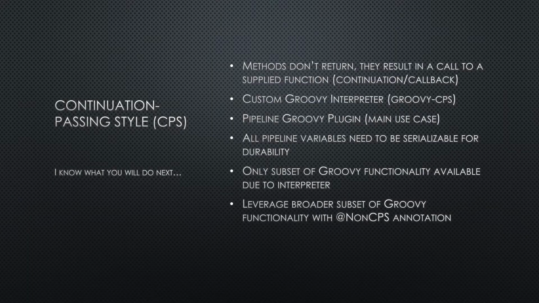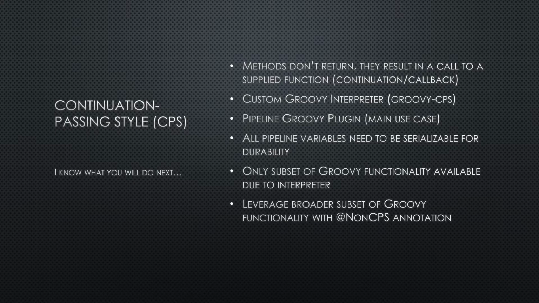This is something that really got me, and it continues to bite me every once in a while. Basically, the pipeline plugin that uses Groovy under the hood does not have full access to Groovy itself. It has to be whitelisted, so you can't just manipulate everything that you would want to.